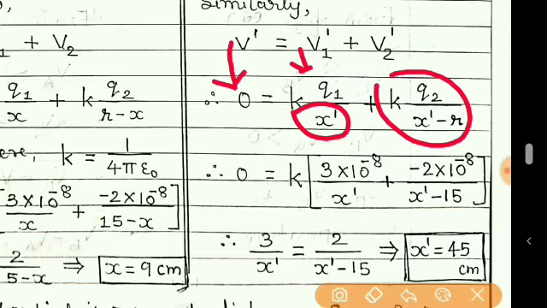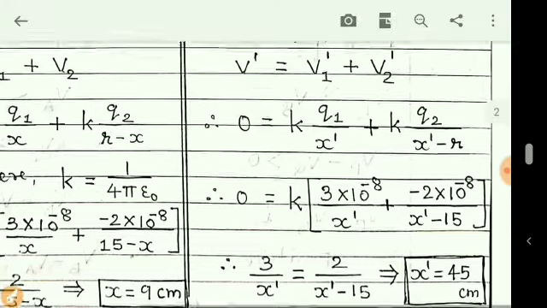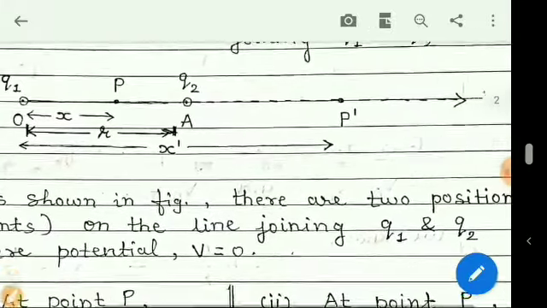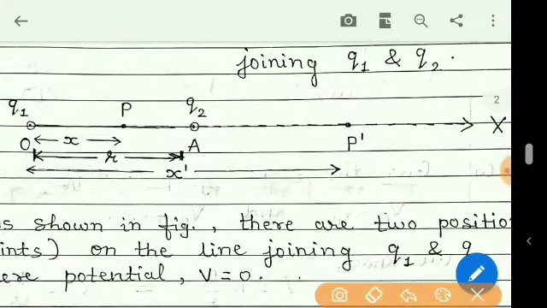Why it is X dash minus R? It is because this point P dash, its distance from this charge Q2 is this much. Already this distance is given.